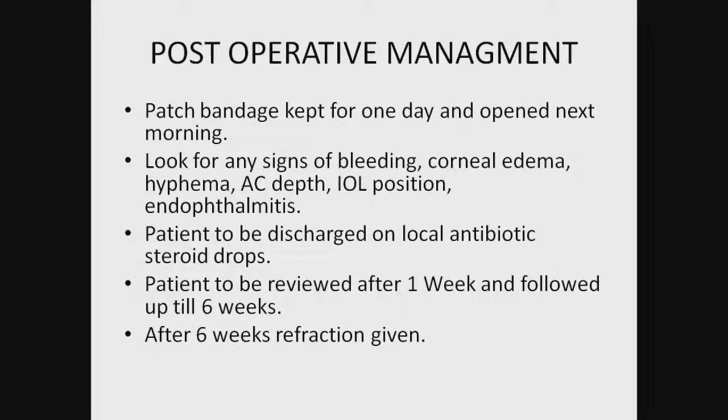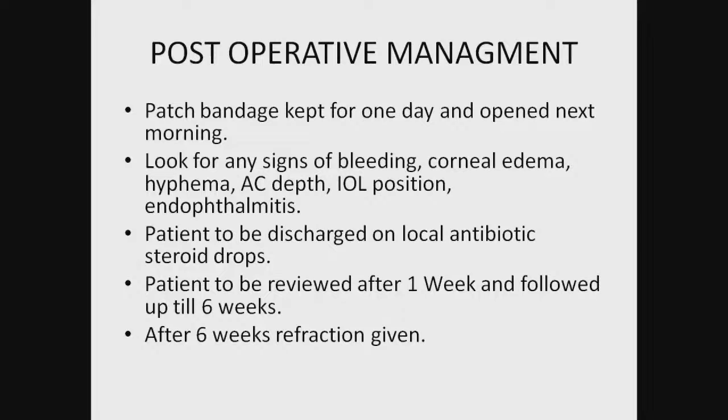You have to differentiate another condition, toxic anterior segment syndrome. In that also there is hypopyon or chemosis, but there is no pain or loss of vision. So by that you can differentiate. But if the patient has endophthalmitis, then a B scan is done, and again you have to think whether intravitreal injections alone are given, or vitrectomy with intravitreal injections.